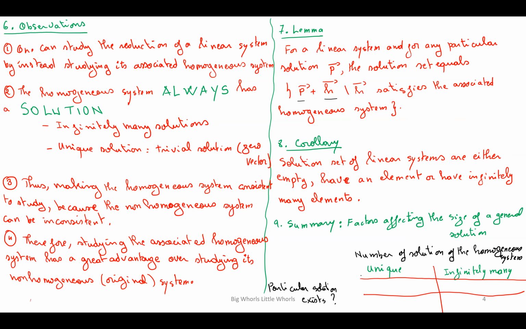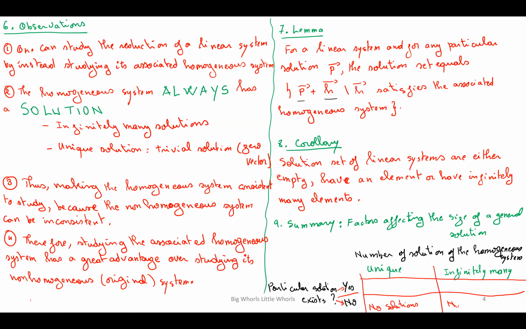We have two options here, either yes or no. If we have no particular solutions at all, that means we have no solutions for the system at all.